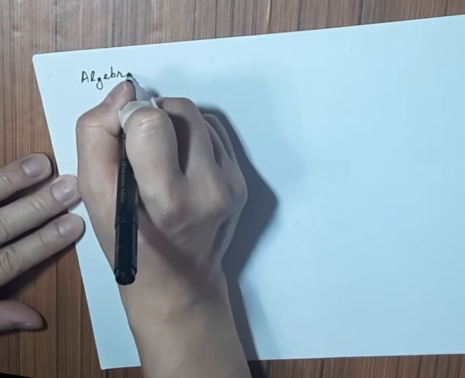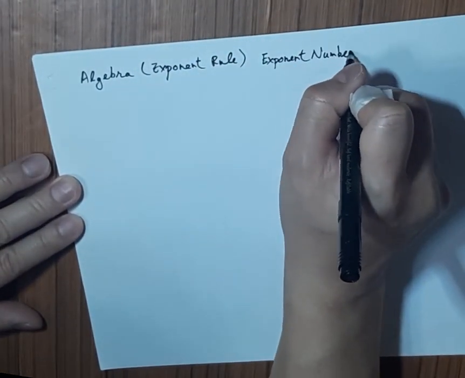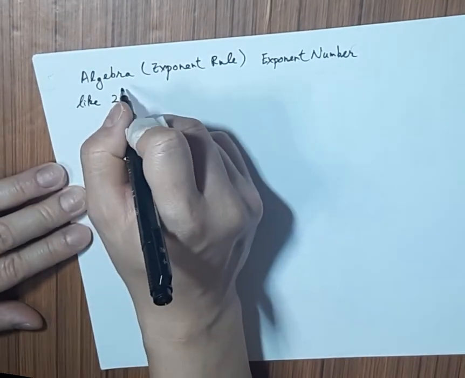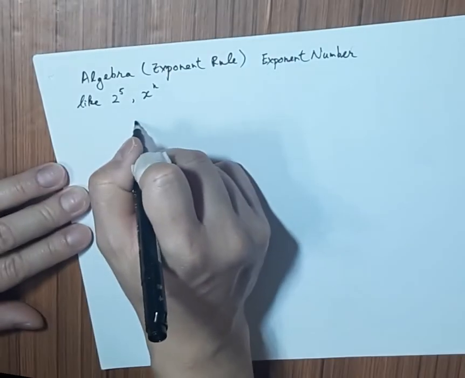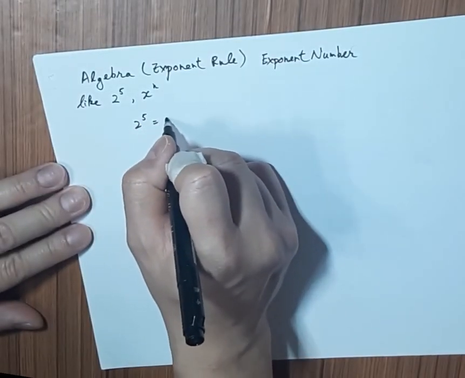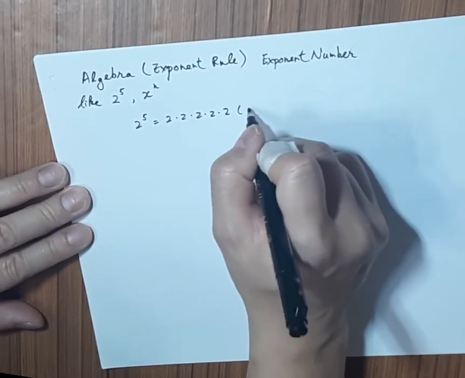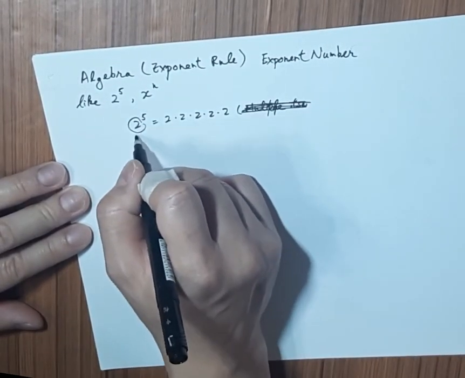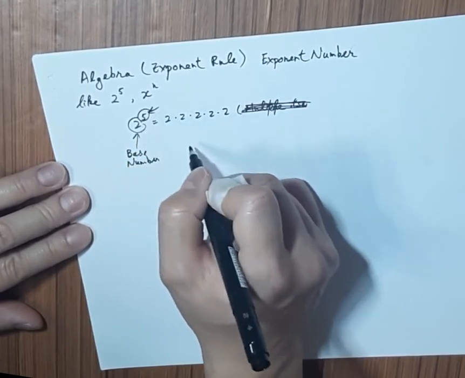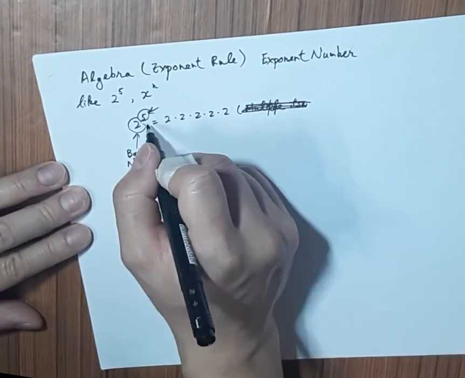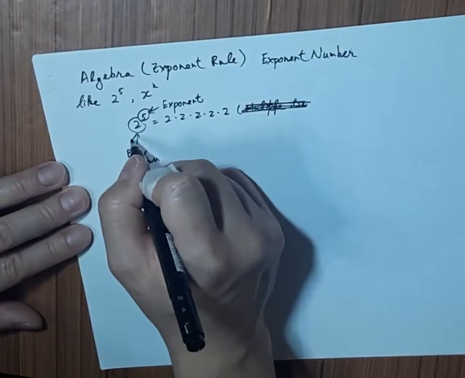Today we are going to talk about exponential rules of some exponential numbers, like 2 to the power of 5 or x to the power of n. We write these numbers like this: 2 to the power of 5. This means 2 multiplied by itself 5 times, 2 times 2 times 2 times 2 times 2. The number 2 is called the base number, and the power 5, meaning 5 times of itself, we call the exponent of the base number 2.